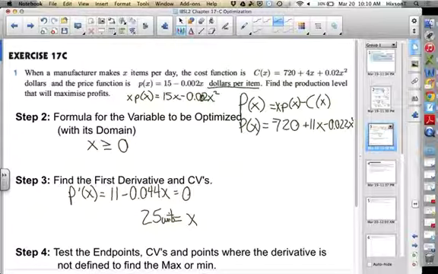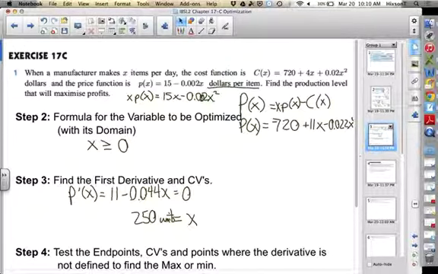Oh, wait, yeah. 250? 250, okay. So 250 units. Okay. So, there we go.